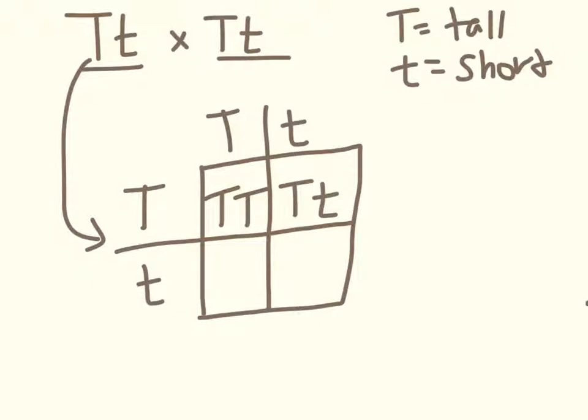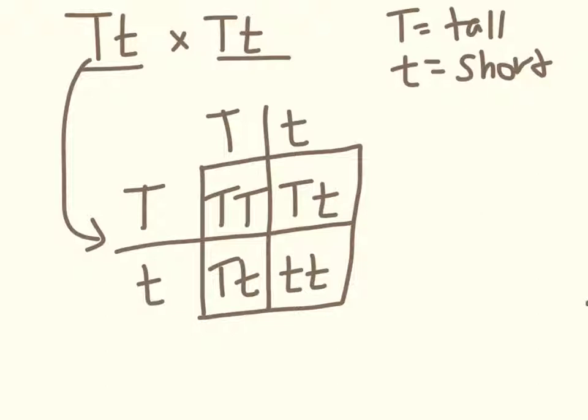Same goes for the next row. We're going to take this one and move it over, and we are going to take this one and move it down. We take this one and move it over, and we take this one and move it down.